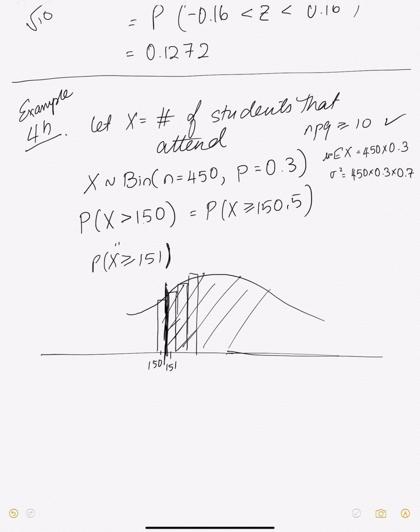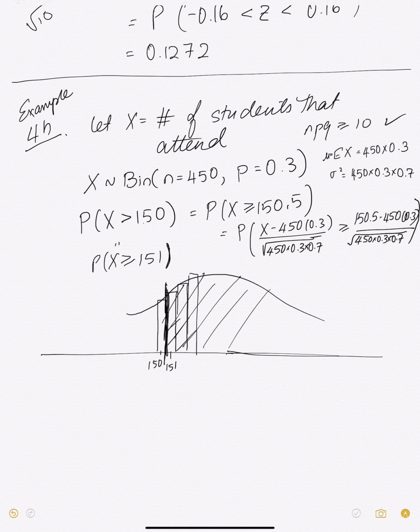So you will look at the probability of (X minus 450 times 0.3) over the square root of 450 times 0.3 times 0.7, bigger than or equal to (150.5 minus 450 times 0.3) divided by the square root of 450 times 0.3 times 0.7.